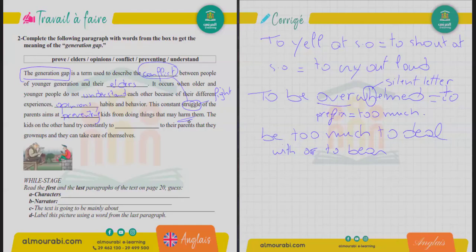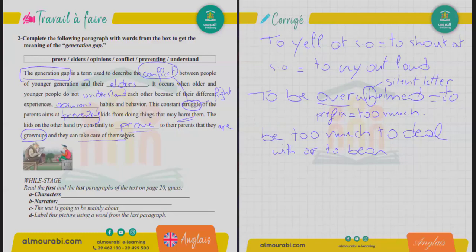The kids, on the other hand, try constantly to prove to their parents that they are grown ups and they can take care of themselves. Very good. Of course, the kid always wants to show his personality. He wants to prove to his parents that he is a grown up, that he has matured in his mind, and can take care of himself.